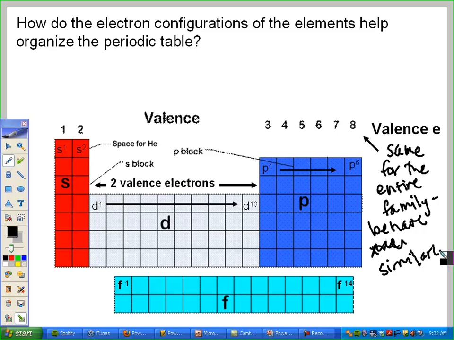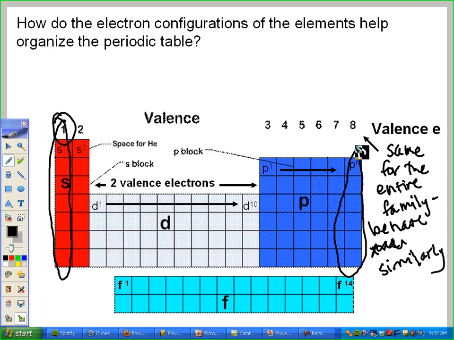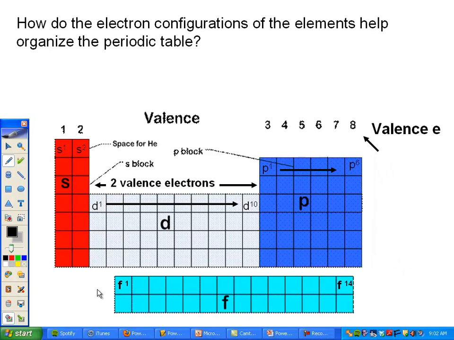So when we say the alkali metals, group 1, are very reactive, they're very reactive because they all have one valence electron. Having one valence electron is the thing they have in common that makes them very reactive. On the same idea, noble gases are very unreactive, and that's because they all, with the exception of helium, have 8 valence electrons, which makes them very stable. It's the valence electrons being the same that gives them that feature.